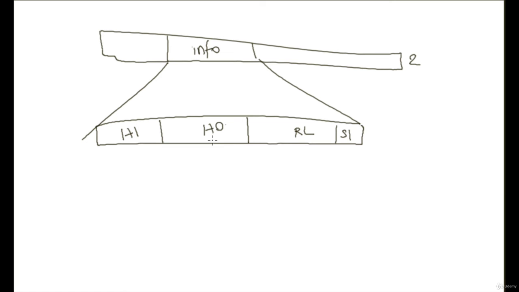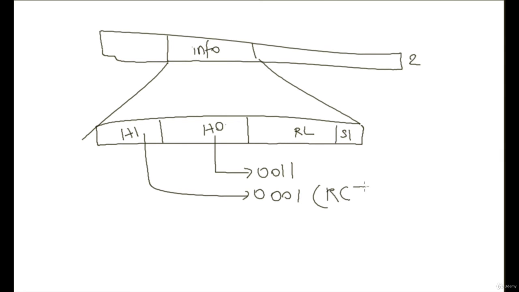Here H0 stands for 0011, and H1 stands for 0001 for RCT. Okay, so that's all for the MTP side actually. This finishes the third functionality of MTP3, that is the route management function.